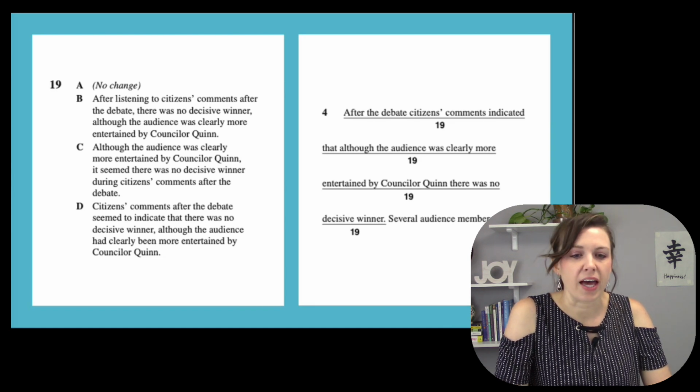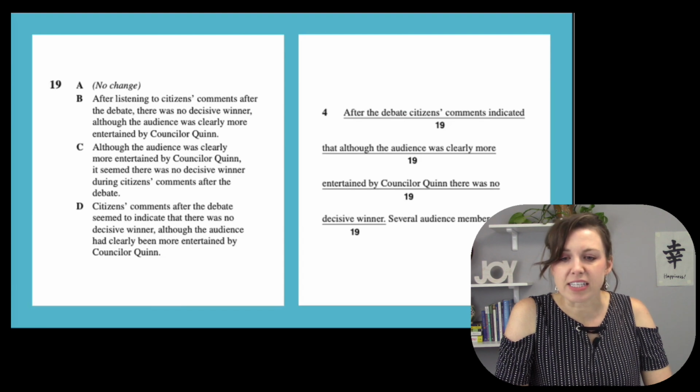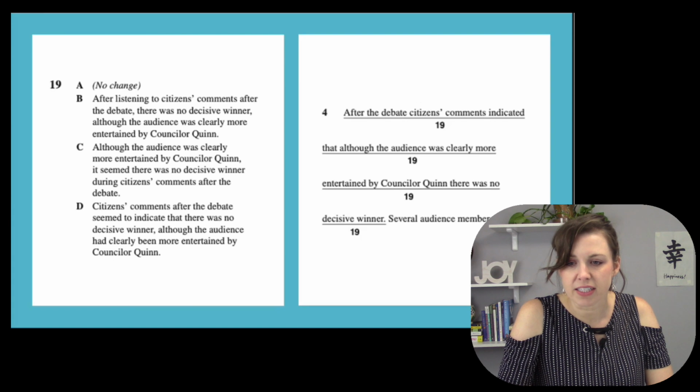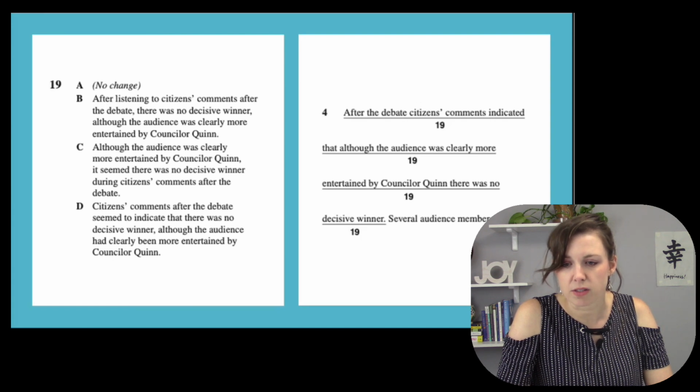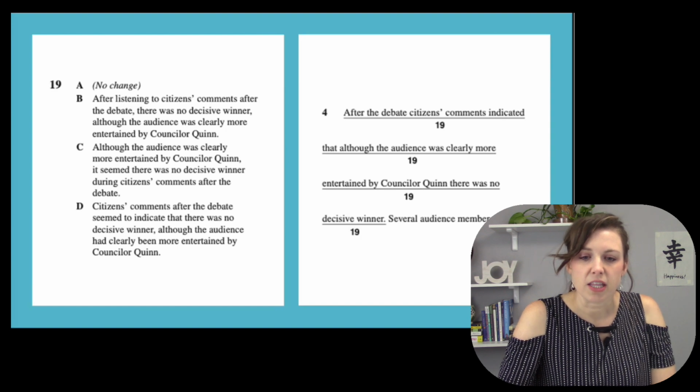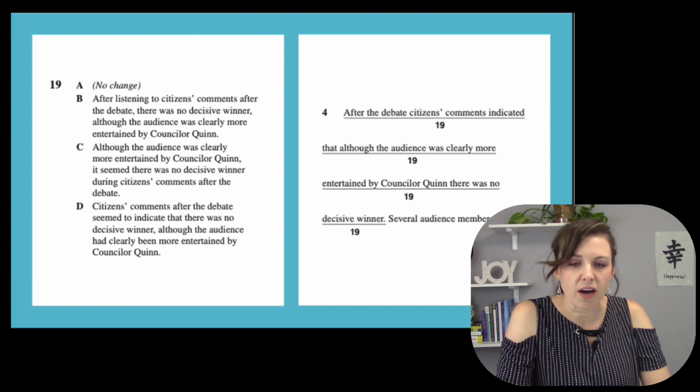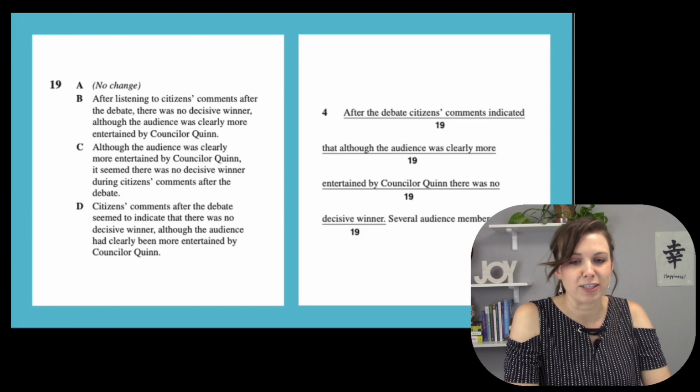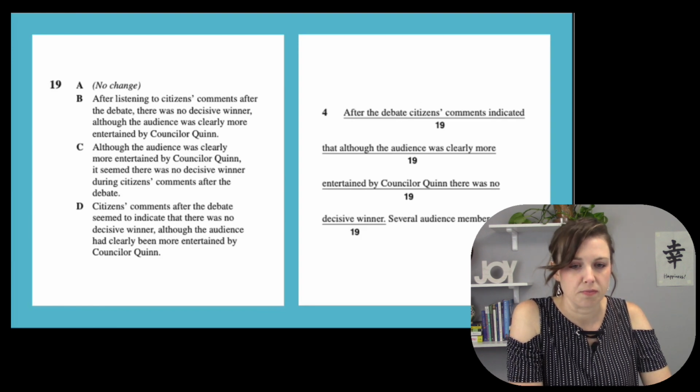So we have A. After this debate, citizens' comments indicated that although the audience was clearly more entertained by Councillor Quinn, there was no decisive winner. B. After listening to citizens' comments after the debate, there was no decisive winner, although the audience was clearly more entertained by Councillor Quinn.